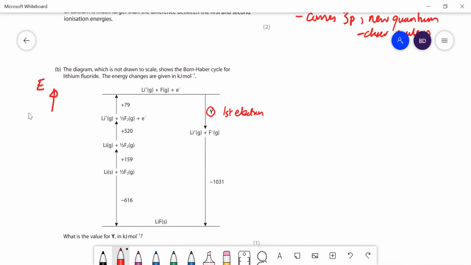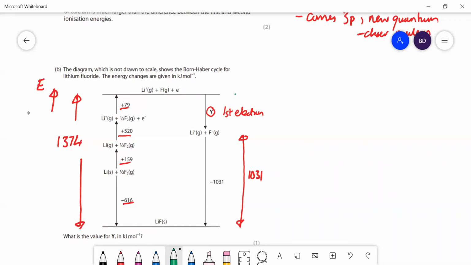So without worrying about the signs, if we just add up that 79 for that, and that, you will get 1374. So all of that there is 1374 kilojoules. And this bit here, they tell us, is 1031. Don't worry about the sign.